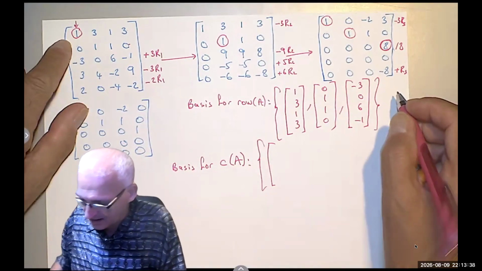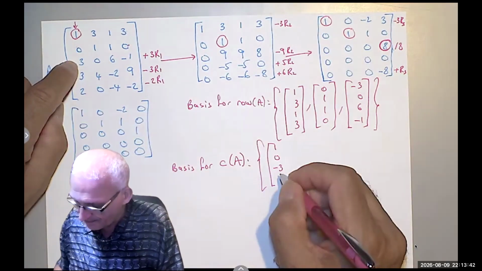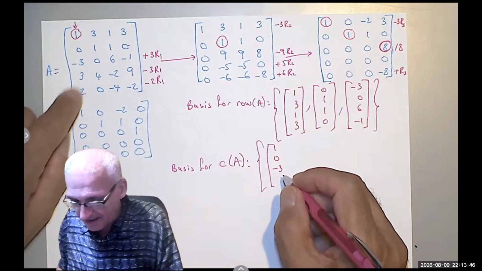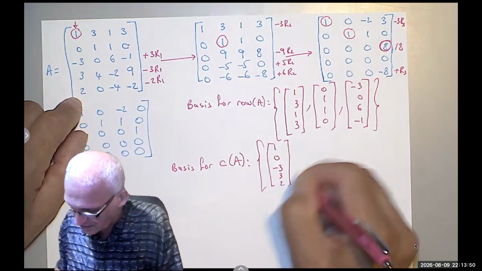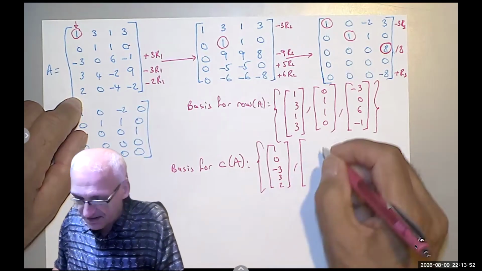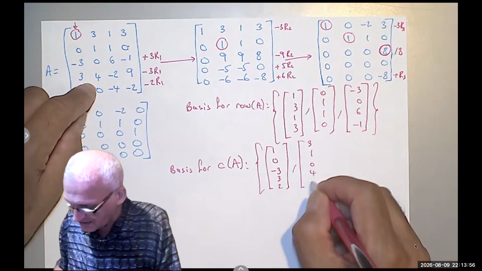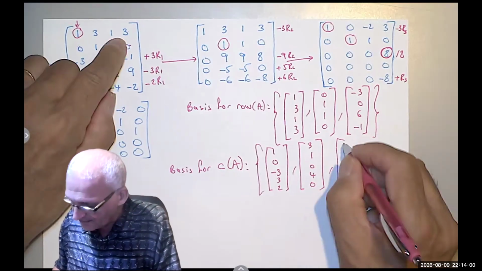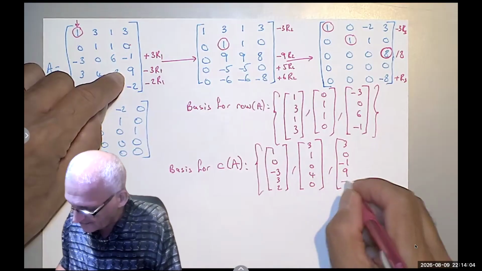So they would be 1, 0, -3, -3, 3, and 2, and the second column 3, 1, 0, 4, 0, and then the last column 3, 0, -1, 9, -2.